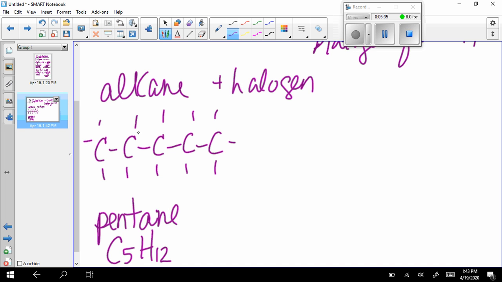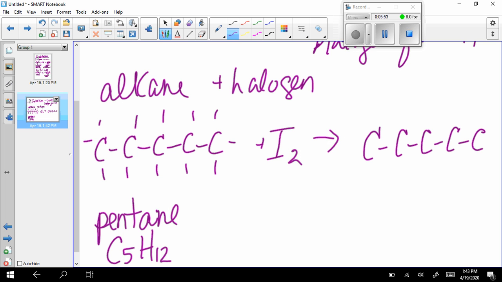And I can check 1, 2, 3, 4, 5, 6, 7, 8, 9, 10, 11, 12. Perfect. And my halogen, let's add iodine this time. And so what can happen is you can swap or switch out one of your H's for an iodine. I'm going to draw all 5 carbons, 1, 2, 3, 4, 5, and I'm going to put it over here.